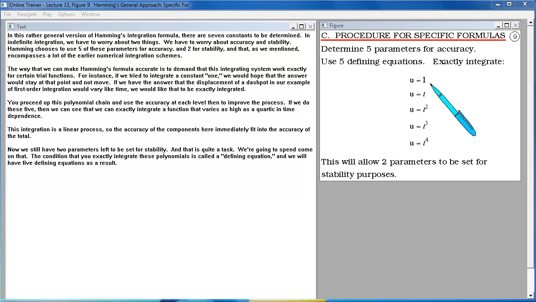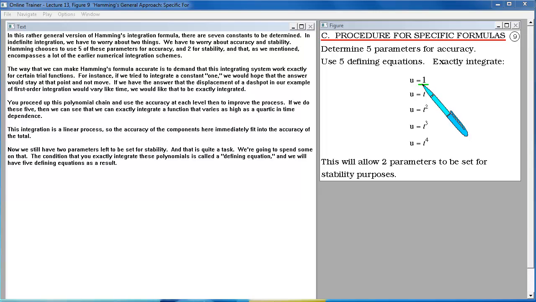The way that we can make Hamming's formula accurate is to demand that this integrating system work exactly for certain trial functions. For instance, if we tried to integrate a constant 1, we would hope that the answer would stay at that point and not move.